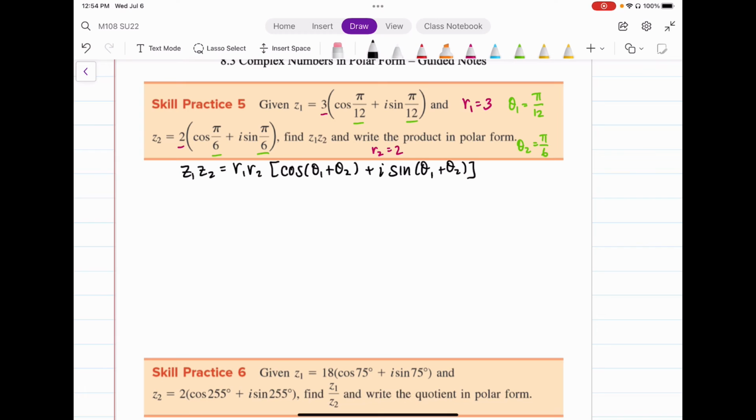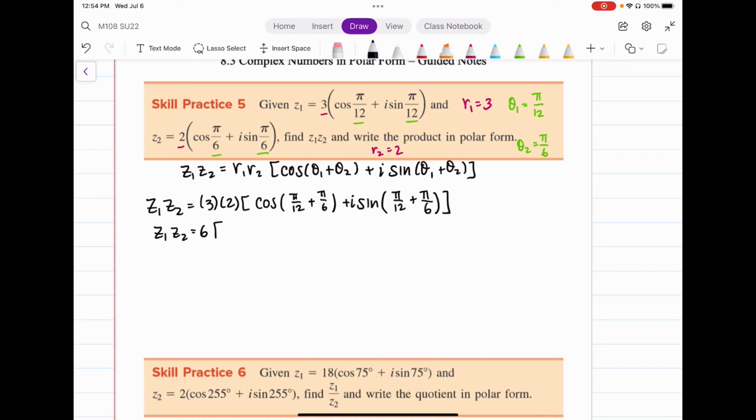Let's plug those values in. The product z1 times z2 is then equal to 3 times 2 times the cosine of theta 1 plus theta 2 plus i sine of theta 1 plus theta 2. Simplifying, 3 times 2 is 6. Cosine, adding pi over 12 and pi over 6.